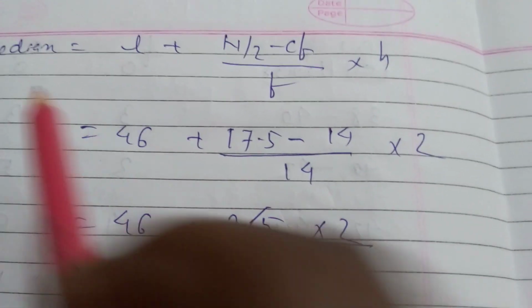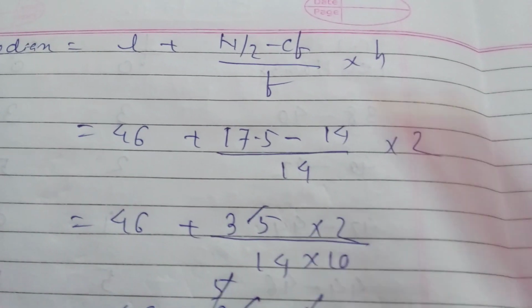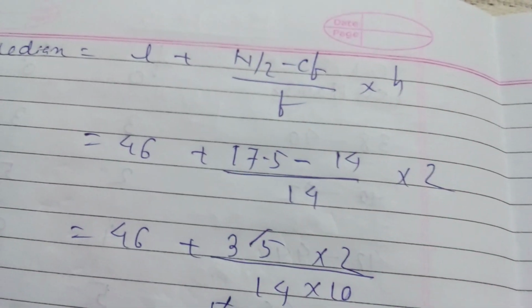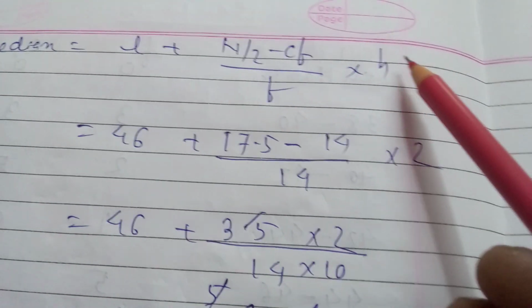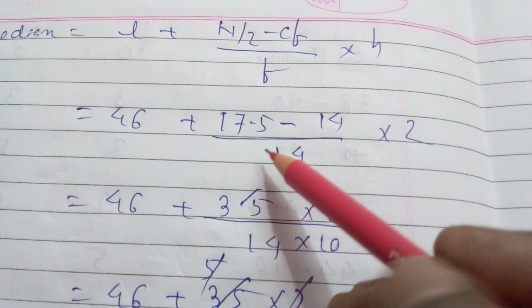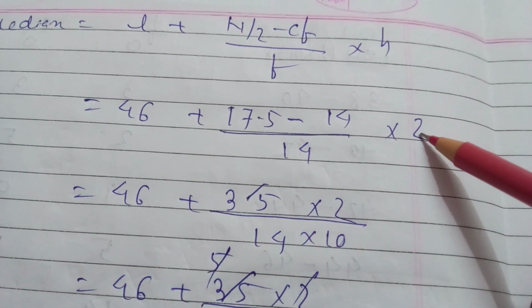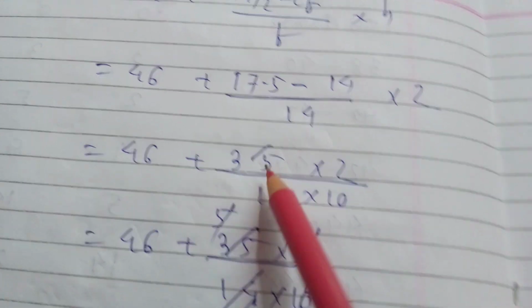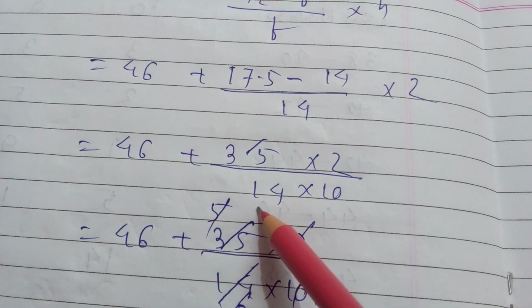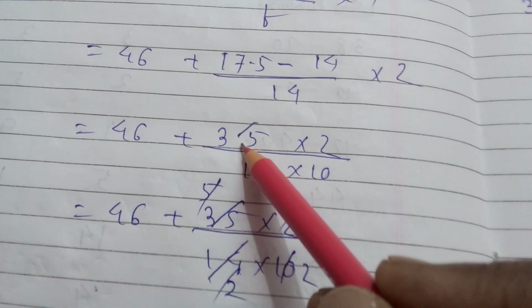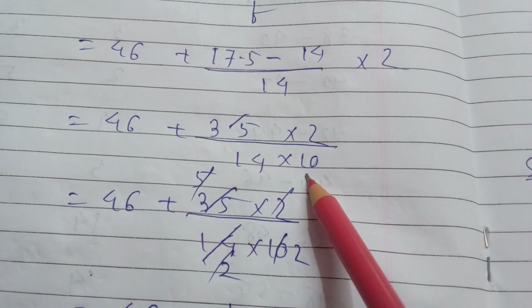Now apply these values in the formula. Median equals L plus n by 2 minus CF by f into h. So 46 plus 17.5 minus 14 by 14 into 2. So 46 plus 3.5 by 14 into 2, and remove the decimal point by using 10.